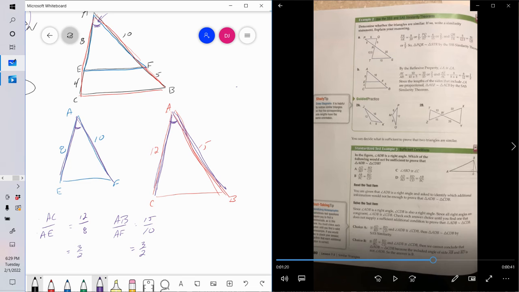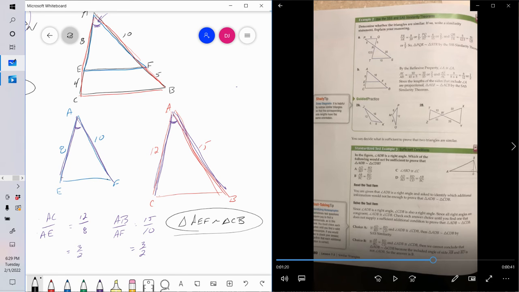So I know that those two triangles are proportional. Now, let's just keep going here. So I'm going to write a similarity statement. Triangle AEF is similar to triangle ACB. Okay. So there's my similarity statement.